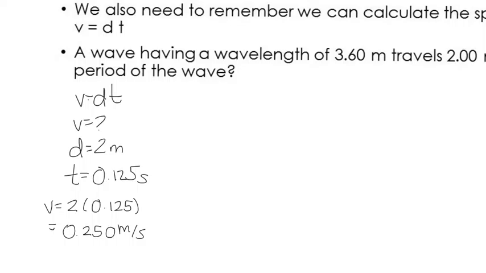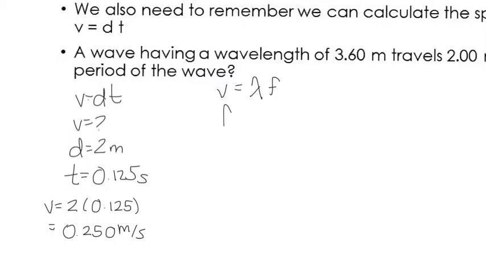Okay, so to figure out period, we need to know the frequency. So remember, we can figure out frequency with the formula V equals lambda F. So we're looking for frequency.